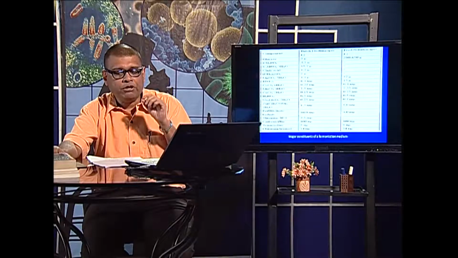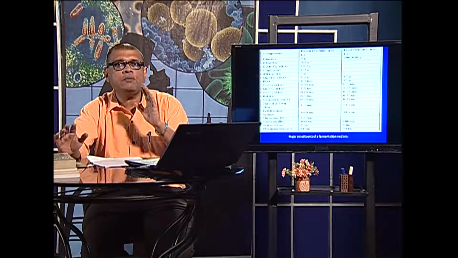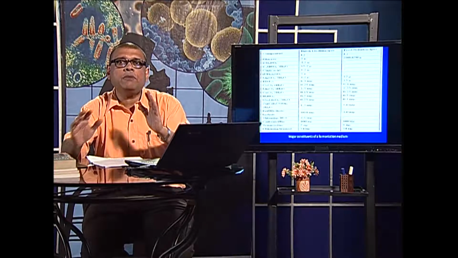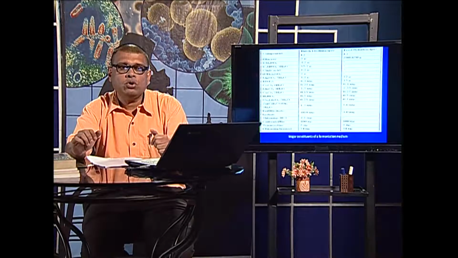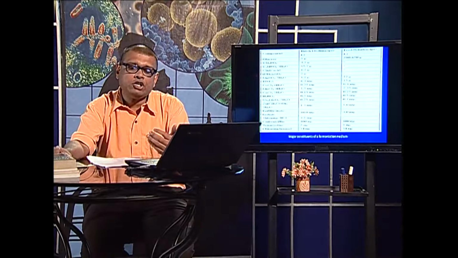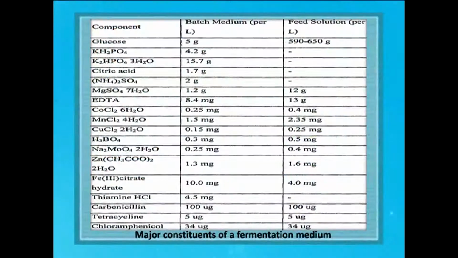Now, the most important factor is the culture media, the media where the microorganism will grow. The fermentation media should have a source of carbon, and normally this carbon source is brought about by different types of sugar like molasses, corn steep liquor, or it can be simple sucrose or glucose. At the same time, it has a nitrogen source in the form of soybean meal, or it can be peptone.